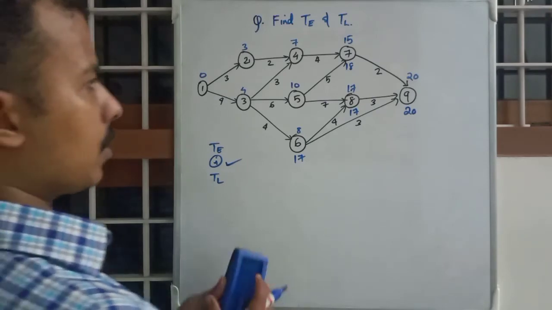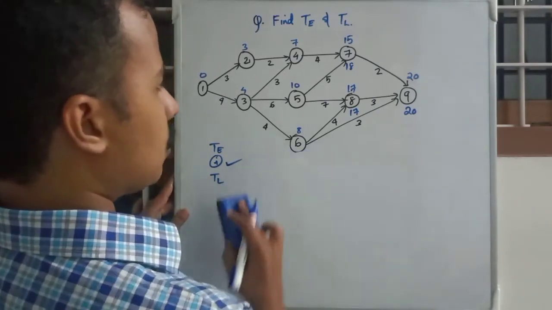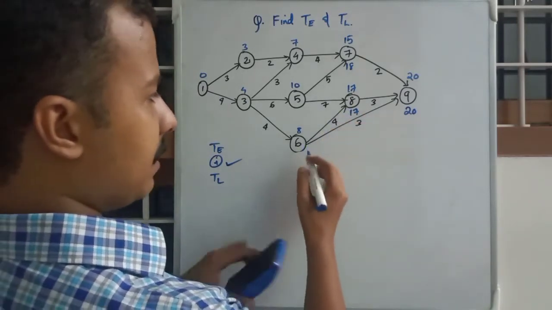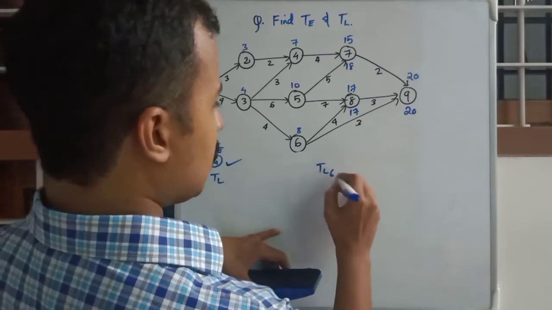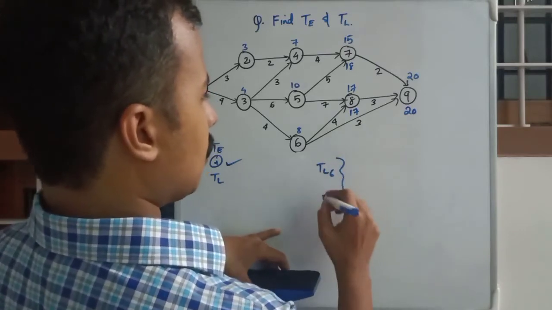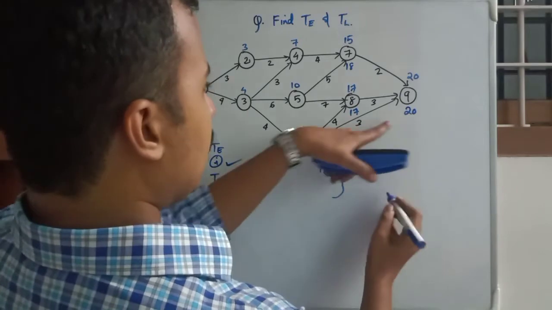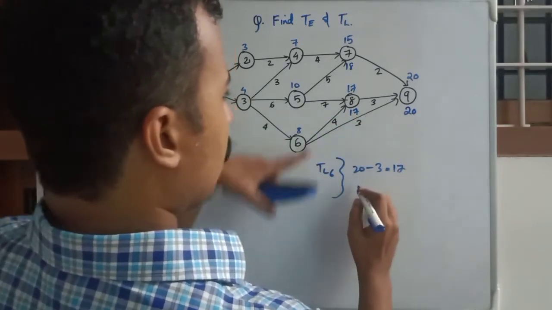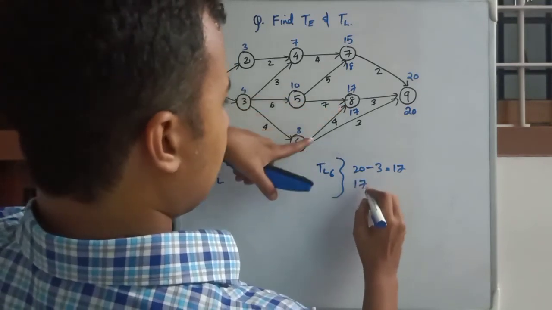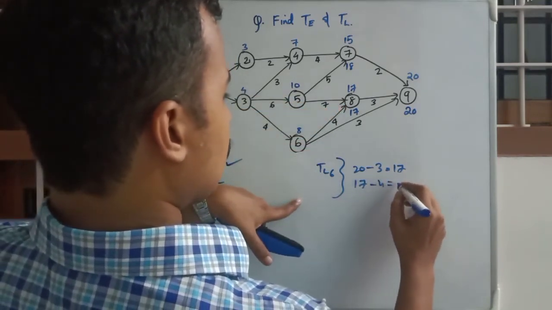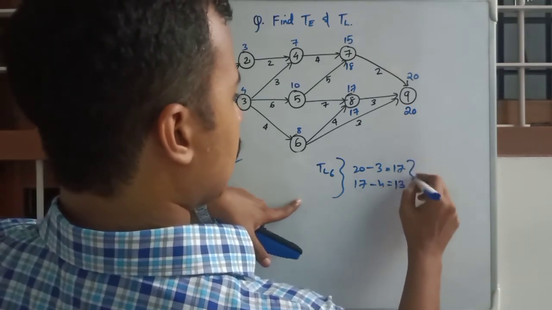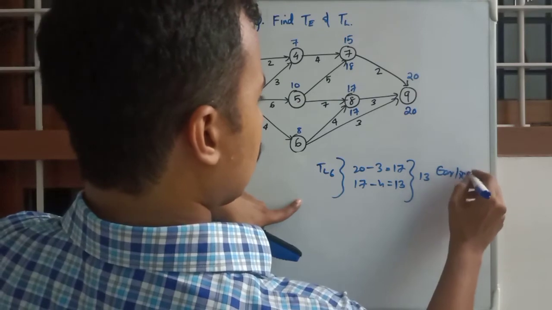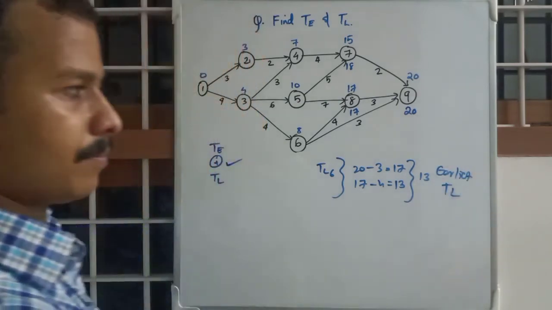Okay, so for sixth one we will be having two values because we have two outgoing activities. For TL6, 20 minus 3, that is 17, or 17 minus 4, that is 13. So we will select 13 because it is the earliest TL.